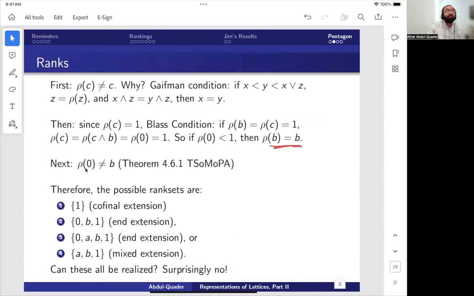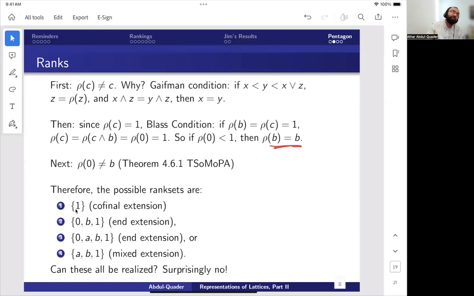The next thing that we know, and this one I won't prove, but this is in the book, theorem 4.6.1 of Structure of Models of Peano Arithmetic: rho of 0 is not equal to B. This is an interesting short proof, but I'm not going to go through it.